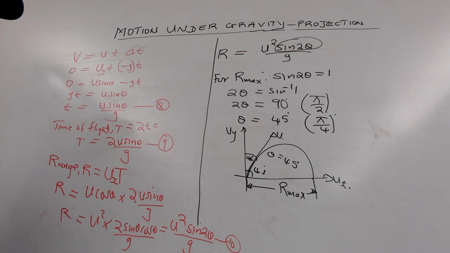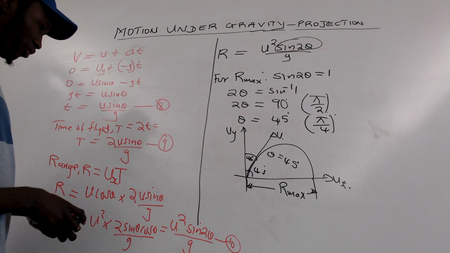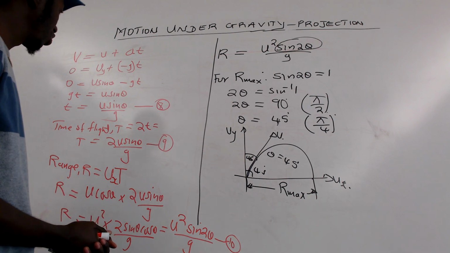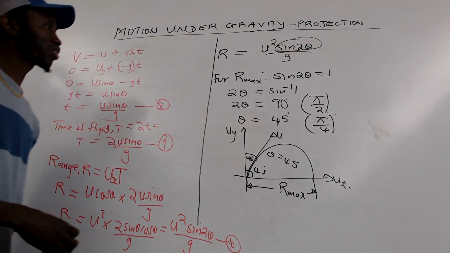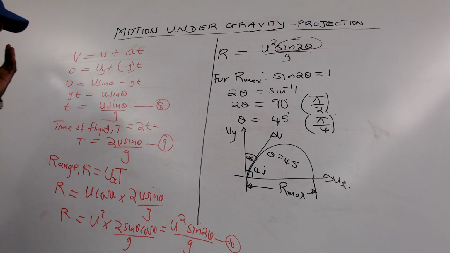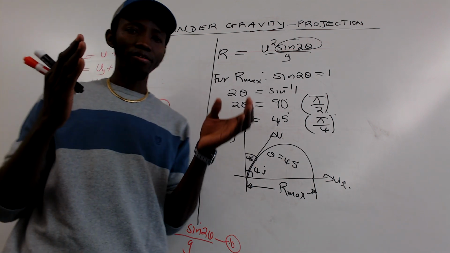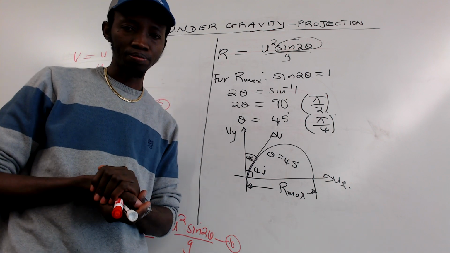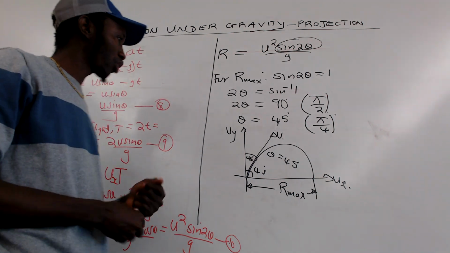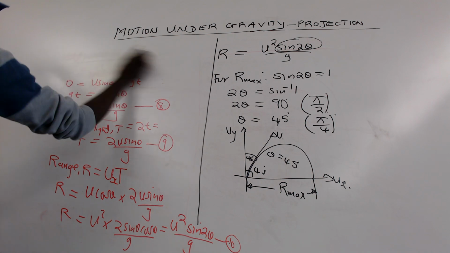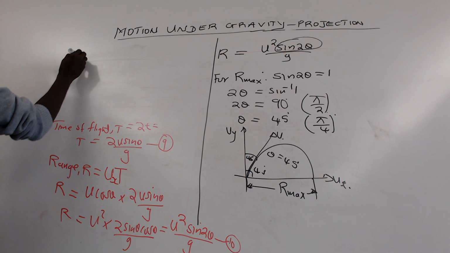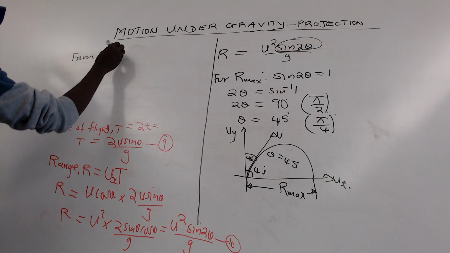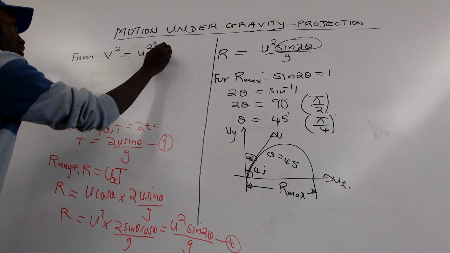So the next point we also consider is the last equation, which we refer to as the maximum height. If we consider the maximum height, we also need to consider one of the equations of motion, from v squared equals u squared plus 2as.